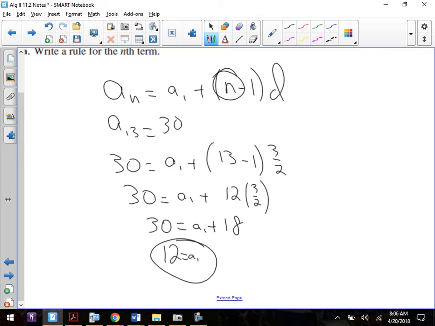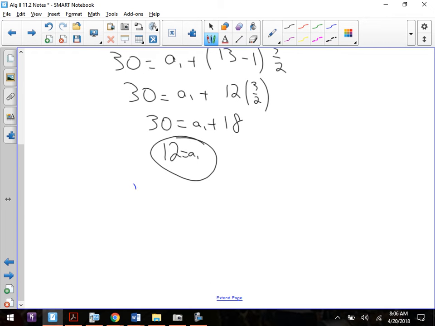So let's see here. That gives me 12 plus 3 halves and minus 3 halves.